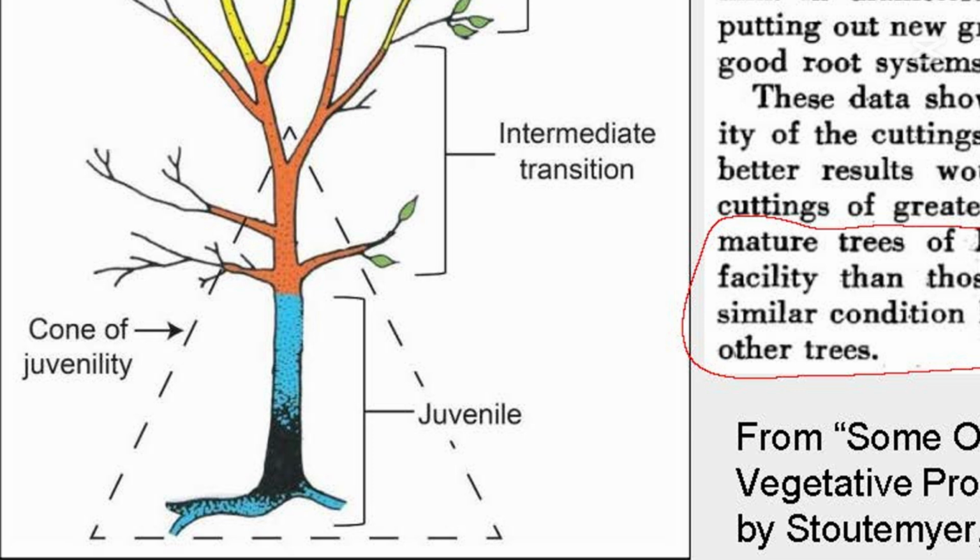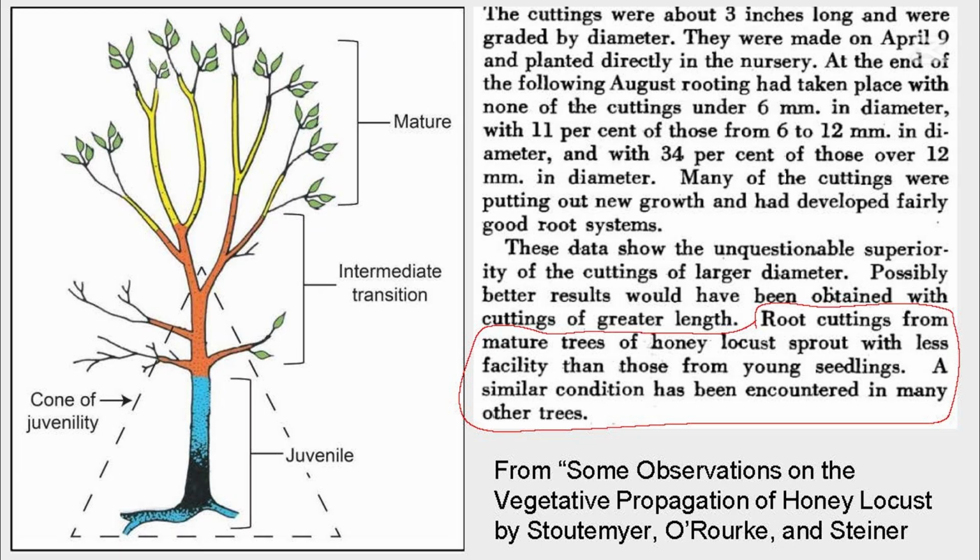So to speak to that point, there's the cone of juvenility here, and that's just pointing out that the earliest parts of the tree retain those juvenile characteristics. And I don't know, full disclosure, I don't know the full picture of the cone of juvenility underground. This paper here is from the 30s, and they were finding that root cuttings from mature trees don't sprout nowhere near as well as ones from young seedlings, and we were able to find that as well.